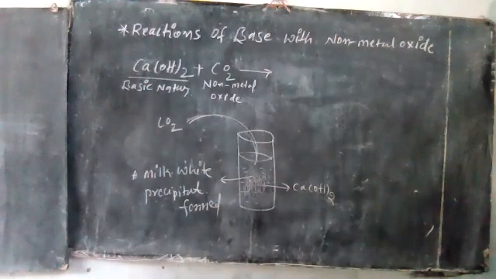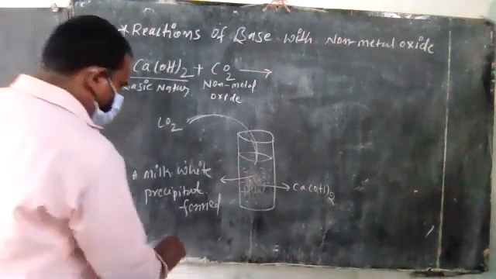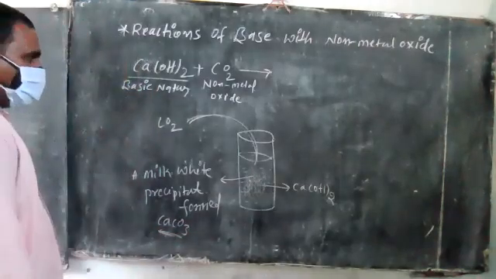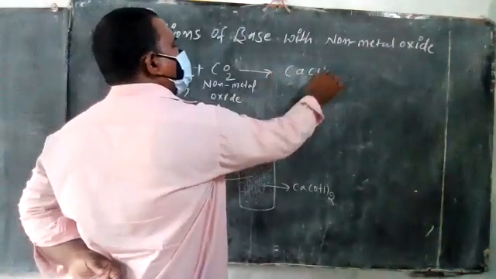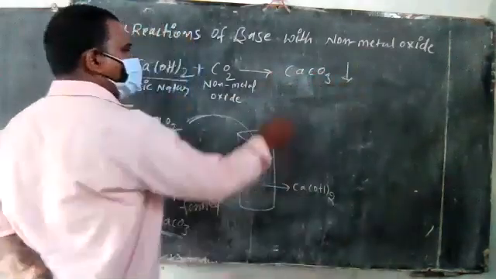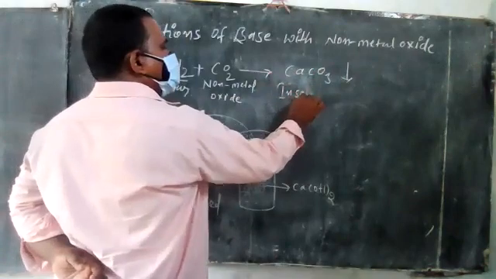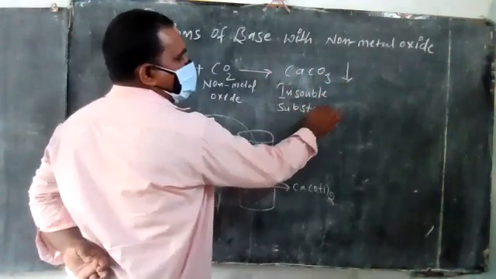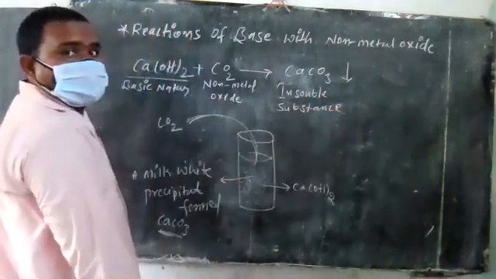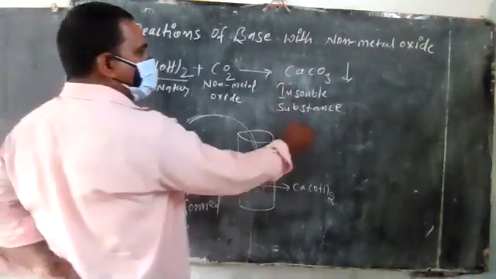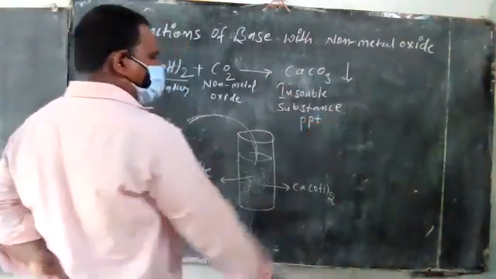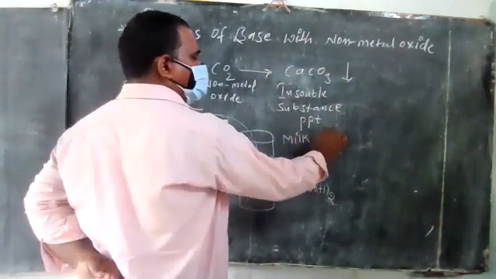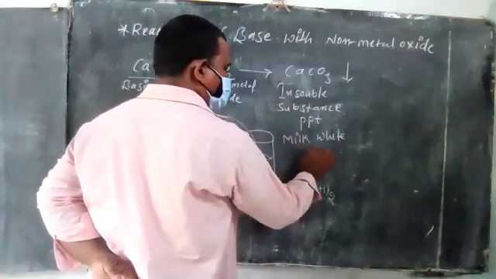This milky white precipitate is calcium carbonate, an insoluble substance. So this is the precipitate, the milky white precipitate.